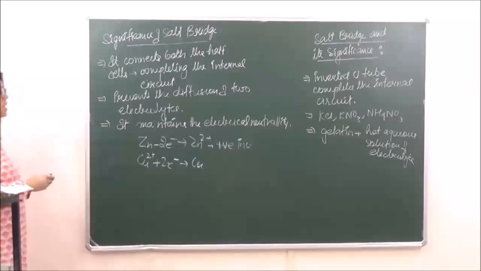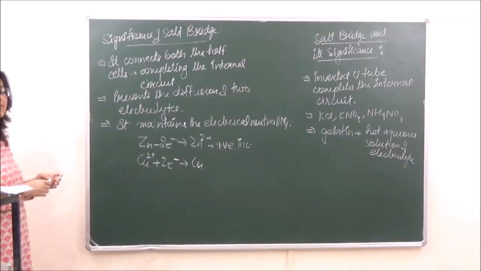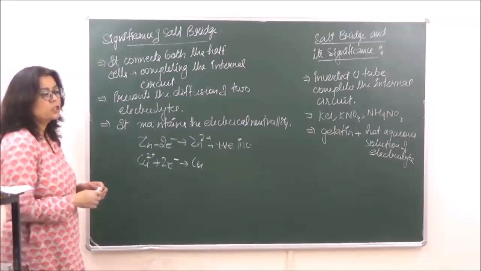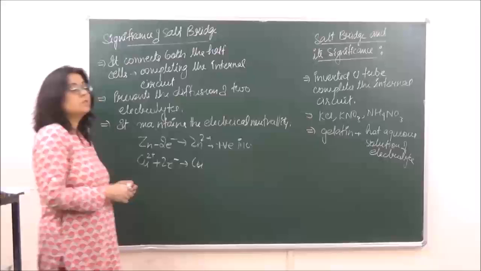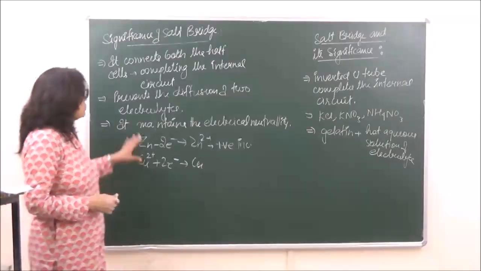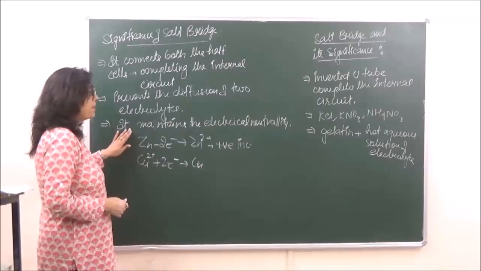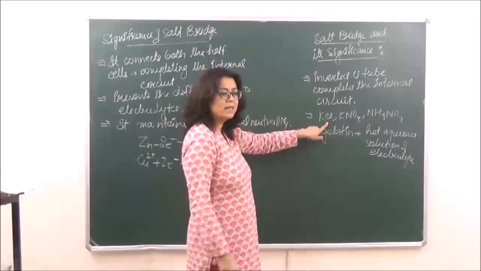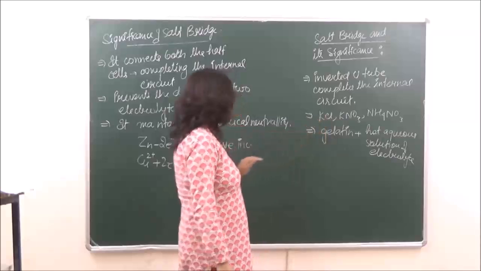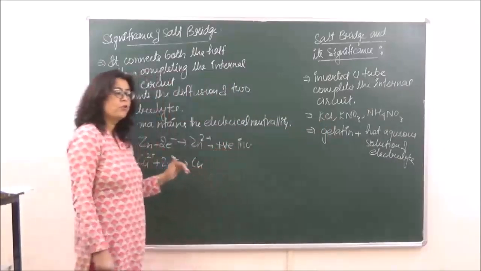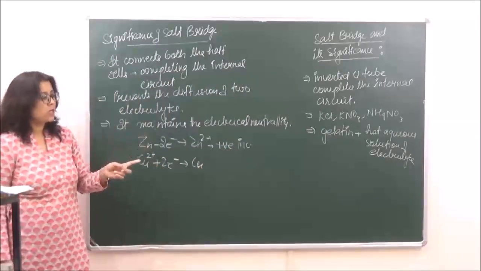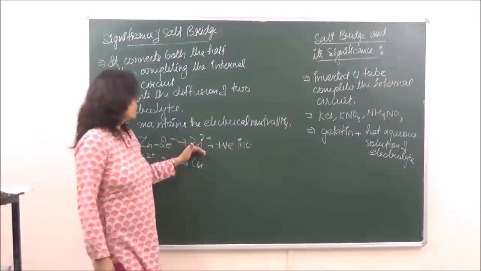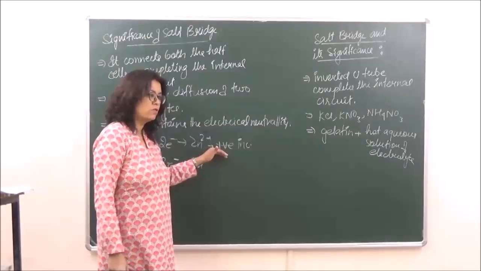If there is more positive charge, a reverse reaction can take place, as a result of which the current will stop flowing and the cell becomes non-operational. To prevent this, the negative charge, like if you've taken KCl in the salt bridge, is going to transfer through the arm of the U-tube towards the oxidation half cell, as a result of which it neutralizes this positive charge.